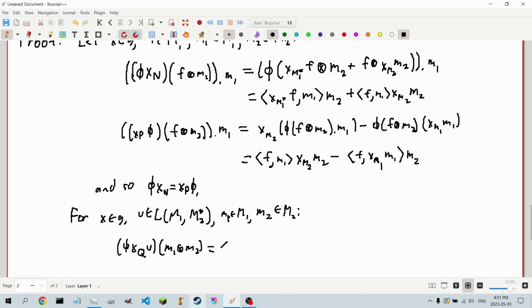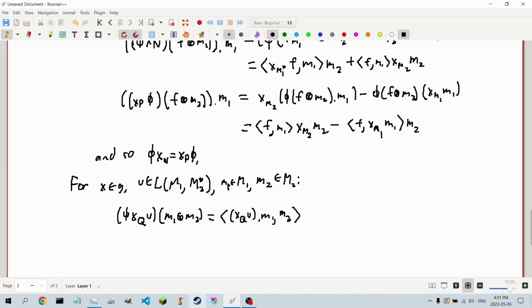Well, this gives us it as xq composed with u acting on m1, then the inner product with m2, which is equal to the inner product of x in the dual space of m2 star acting on, composed with u acting on m1, minus u x m1 of m1, and that's the inner product with m2.